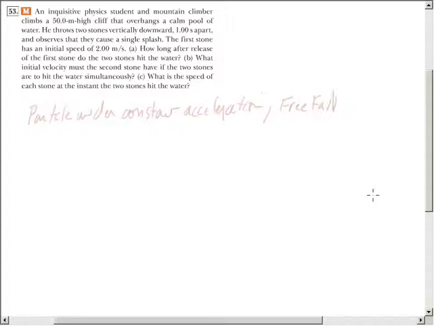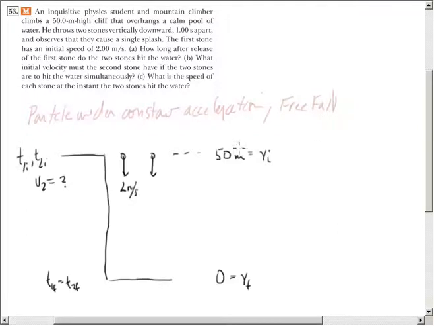Take a few minutes and draw a picture of the situation, label all your knowns and your unknowns. Your diagram should match what I've put up here.